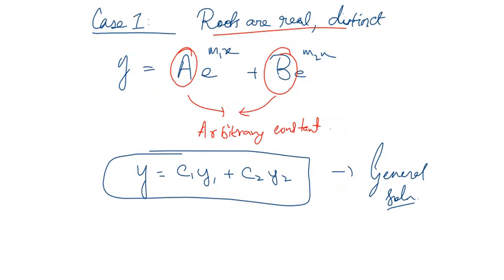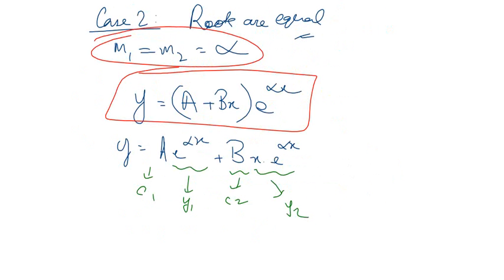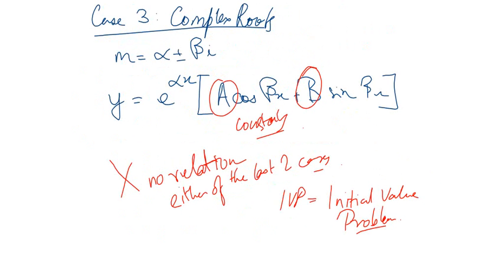After that, we have come to discuss the three cases. Which are: case number one, roots are real and distinct. Case number two gives us roots are equal, which gives the equation a plus bx e to the alpha x. And case number three, which gives us y is equal to e to the power alpha x times a cos beta x plus b sin beta x, where a and b are, again I tell you, arbitrary constants, and alpha relates to this alpha and beta relates to this beta, right?